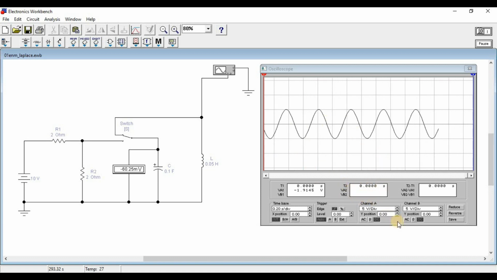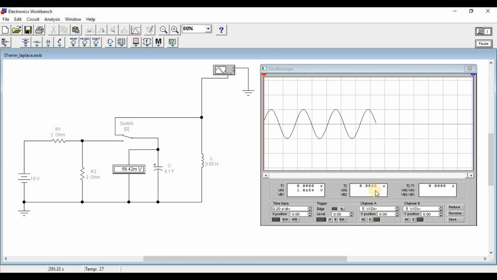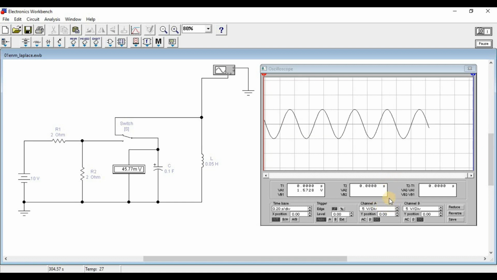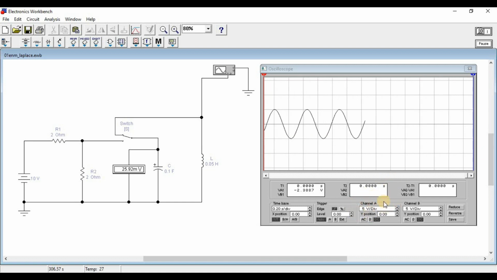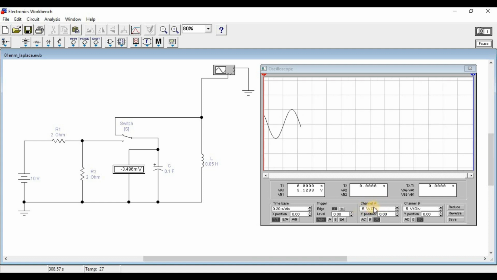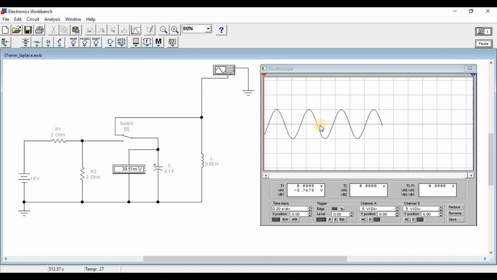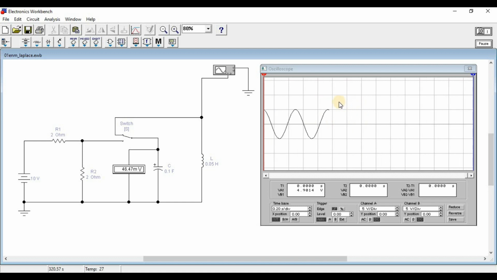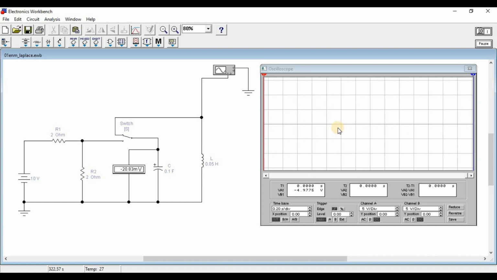We are using channel A of the oscilloscope to monitor the waveform, and our setting here for channel A is 5 volts per division, and the amplitude of our waveform covers 1 division.